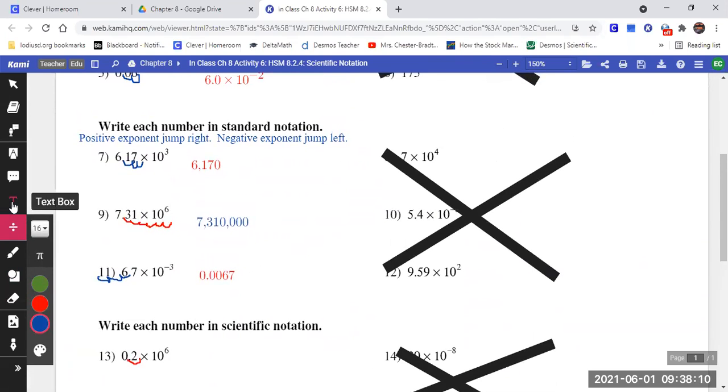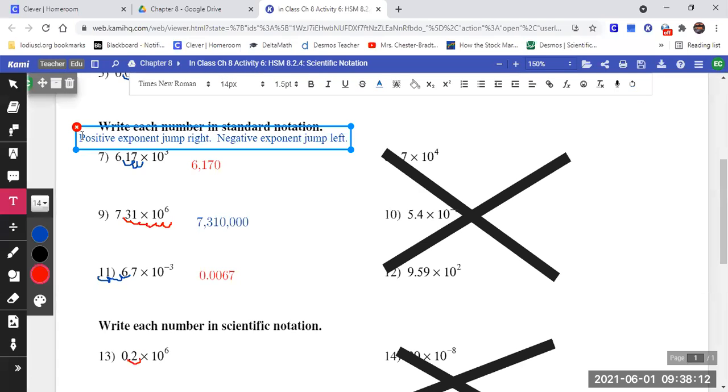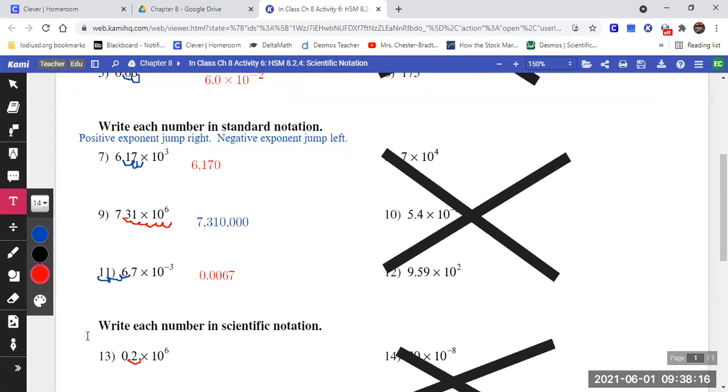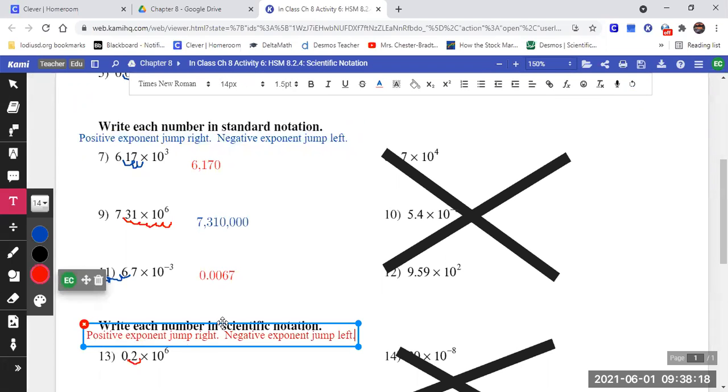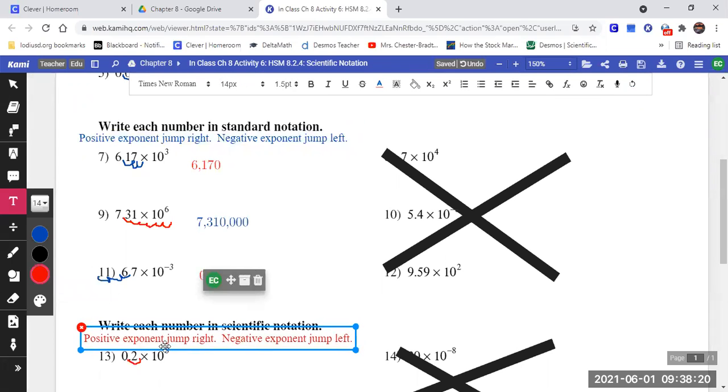So let's put our note. Except this one's going to be slightly different. Okay, so for this one, you subtract from the exponent if you jump right, and you add to the exponent if you jump left.